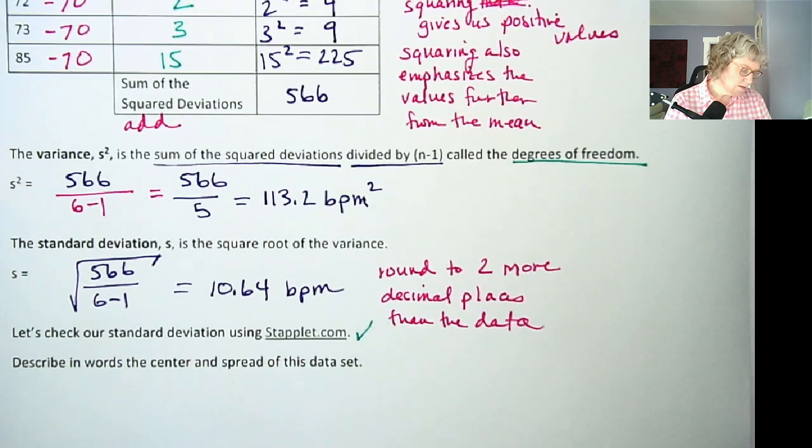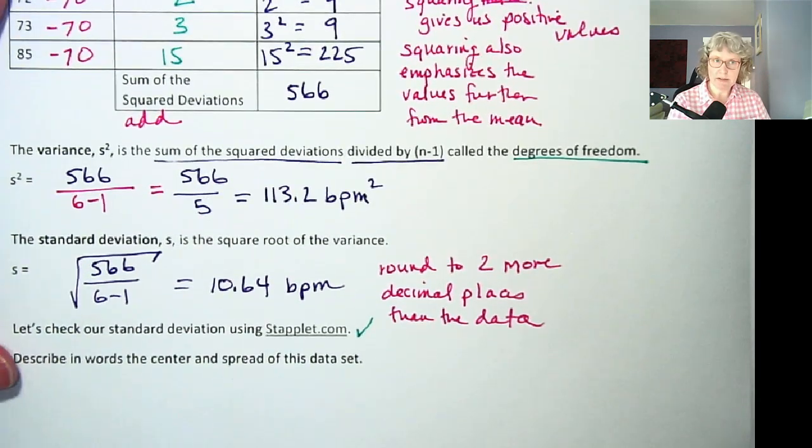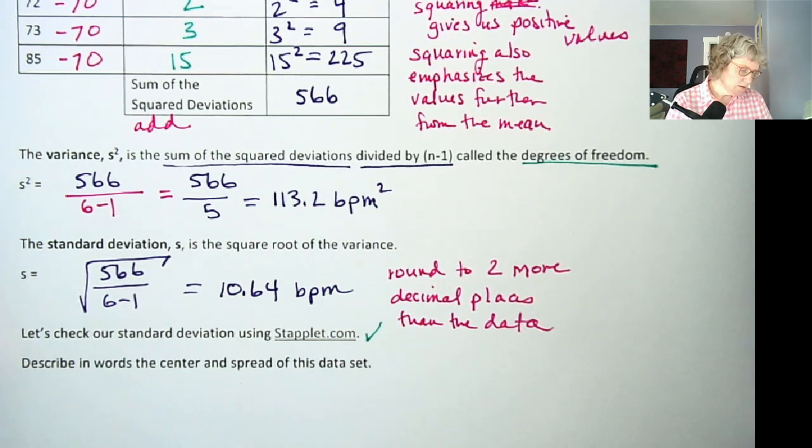Okay, now let's say we were going to write a paragraph, and this is part of it, center and spread. So let's write what we would put for that.